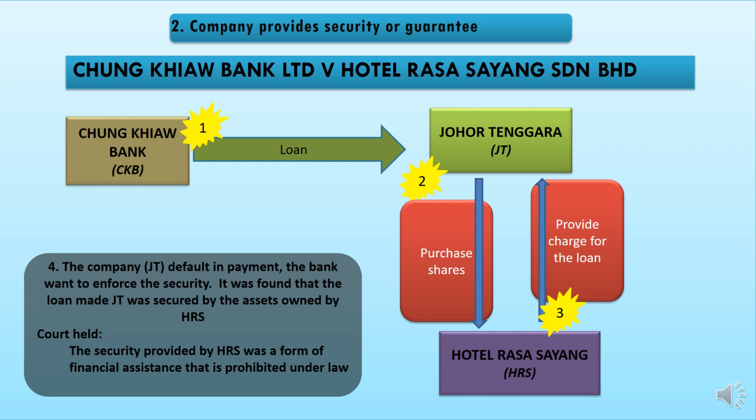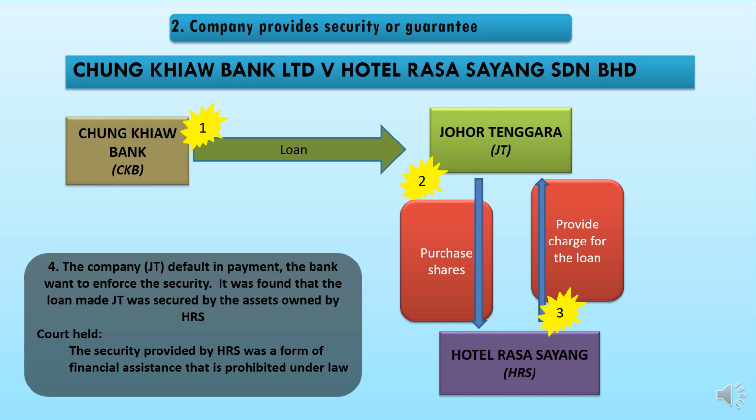Hotel Rasa Sayang gave a charge to the bank so that the bank could give a loan to Johor Tenggara, which then purchased shares in Hotel Rasa Sayang. So this is considered financial assistance: Hotel Rasa Sayang assisting Johor Tenggara to purchase shares in Hotel Rasa Sayang. At first, nothing seems wrong.